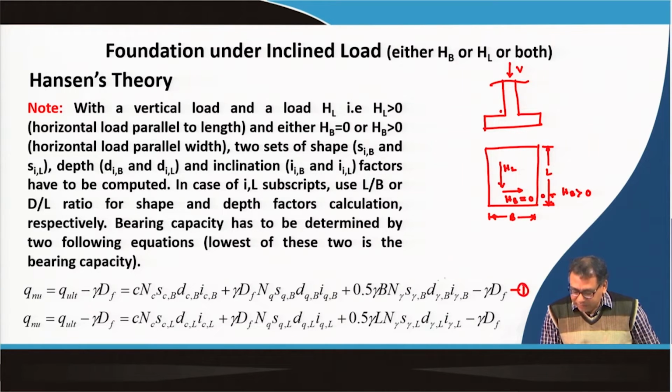So, we have to use only that. If HL is equal to 0, then only one set is sufficient. That means, if HL is equal to 0, then you calculate the shape factor, depth factor, inclination factor, and all these factors as usual, and that is sufficient.